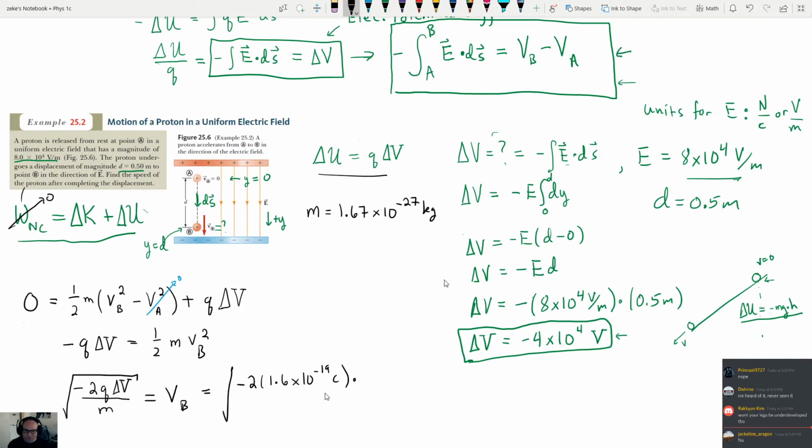So -2 times 1.6 times 10 to the -19, and then multiplied by a -4 times 10 to the 4 volts. All of that divided by the mass, which is super tiny. Square root of it. And we get an answer for VB.